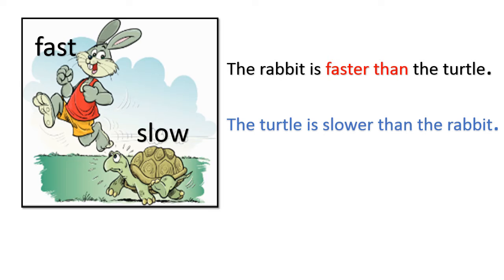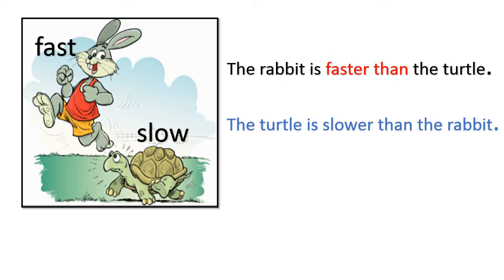As we know, the rabbit is fast and the turtle is slow. When we want to describe the rabbit, we can say the rabbit is fast and the turtle is slow.